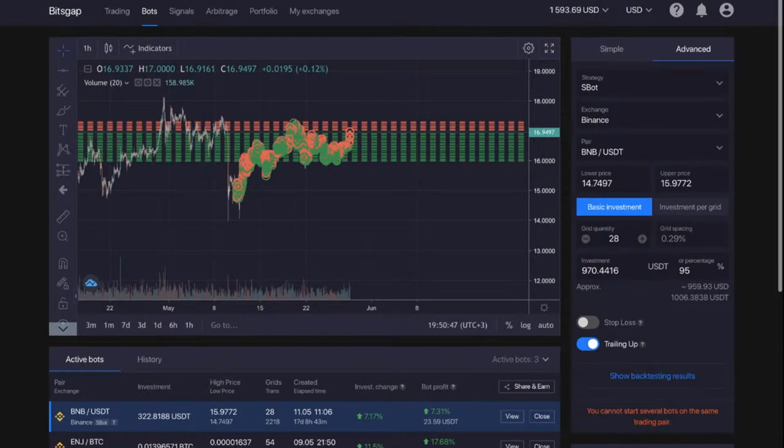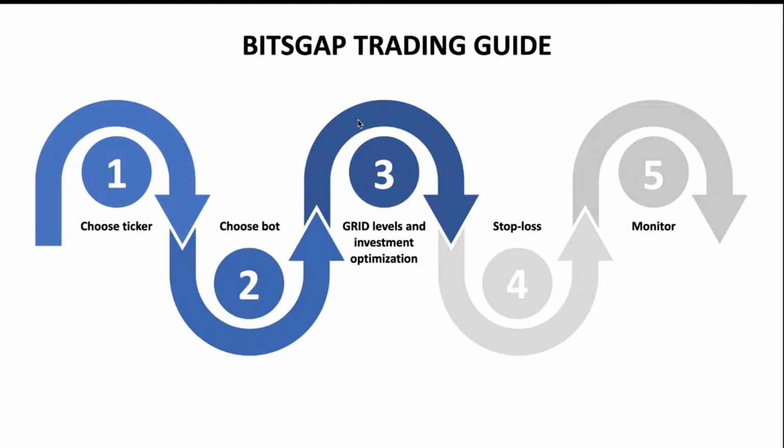That's the idea. So the trading guide would be to choose the ticker, choose the right bot for this ticker, and in 5 minutes I will explain to you what the primary differences between our bots are. Then later, the third step would be to adjust the grid quantity based on your balance, based on your allocated amount of base currency and quote currency.